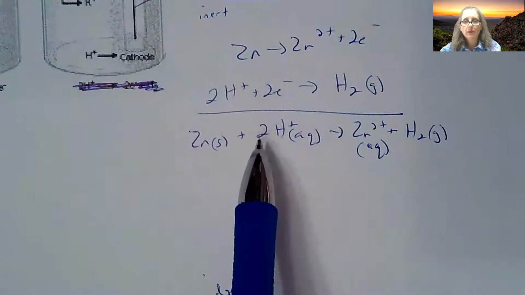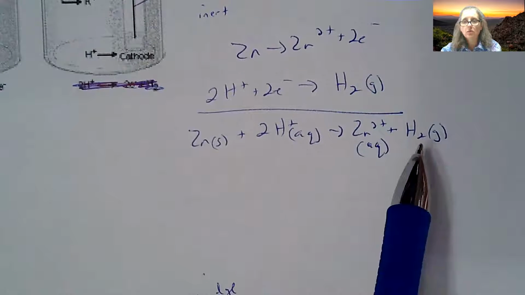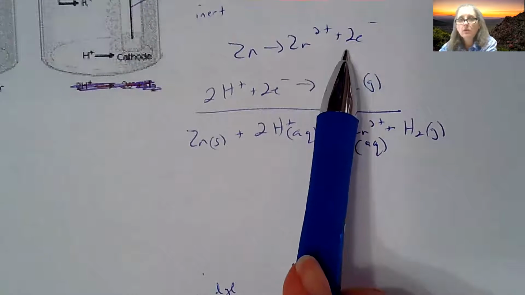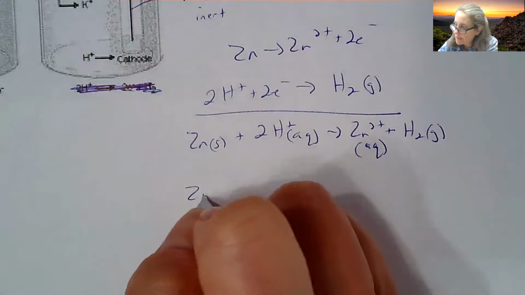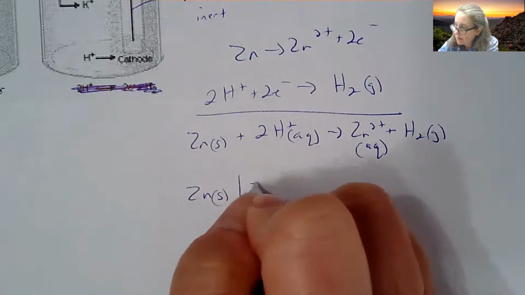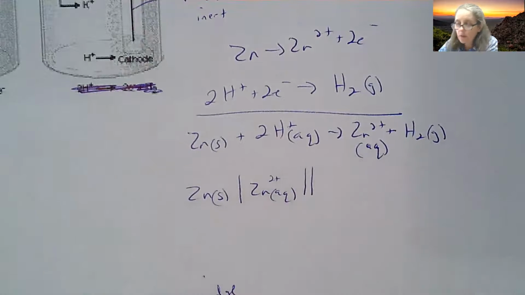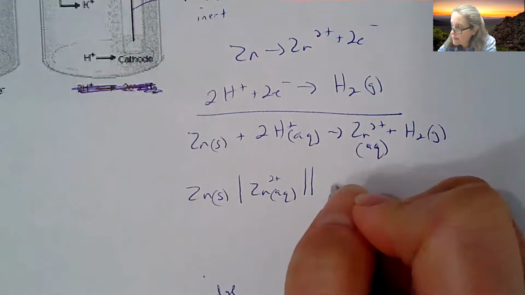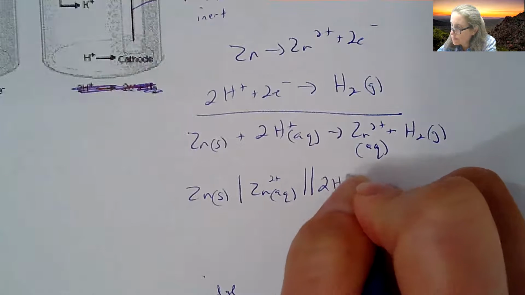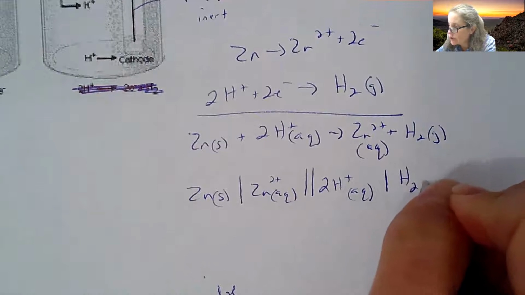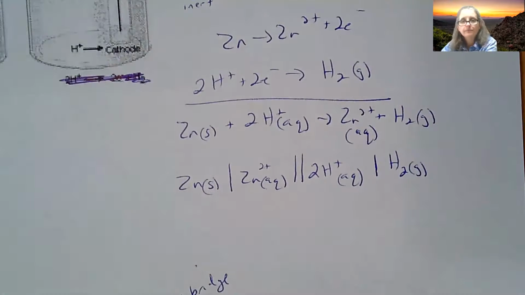All right, let's go back to the other one. I have zinc plus H plus going to zinc 2 plus and H2. For this setup, the zinc is undergoing oxidation. It's losing 2 electrons. So I have zinc solid, zinc aqueous 2 plus, double vertical lines. Then I have 2H plus aqueous, a single line, and then H2 gas.